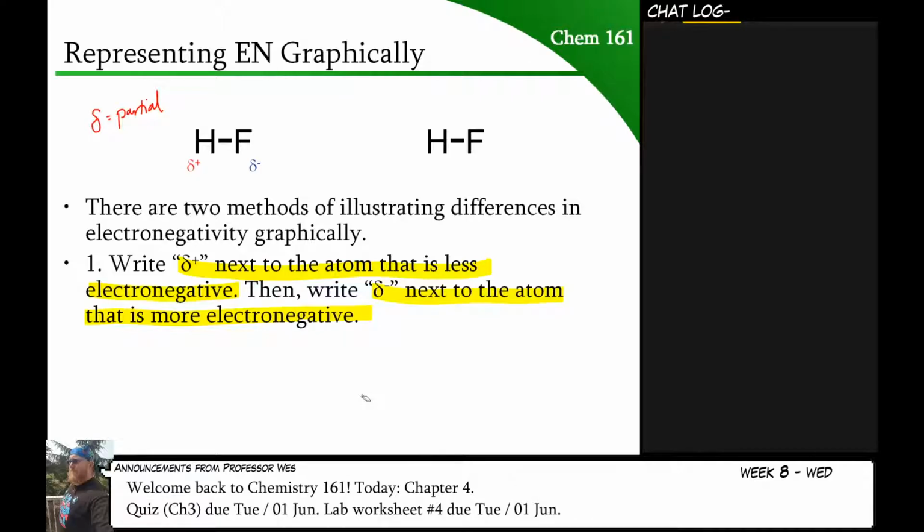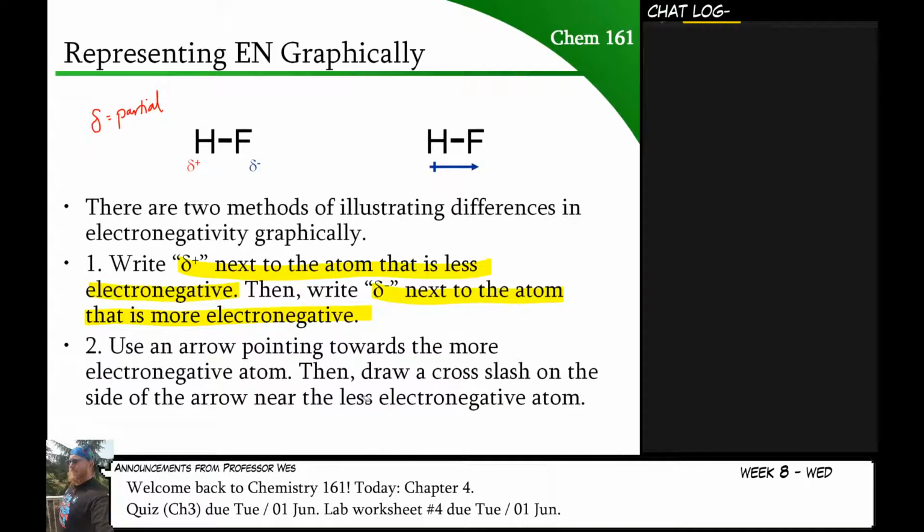The second method is most common for bonds, and that is to draw an arrow along the bond in the direction of the more electronegative atom. Fluorine is more electronegative, so we point an arrow at it, and then we put a little plus on the other end to show that that's the positive side.